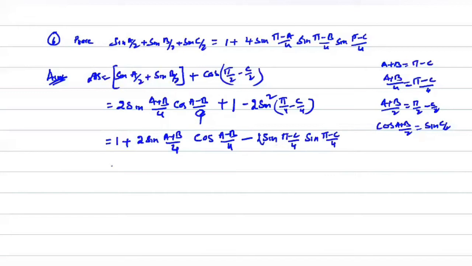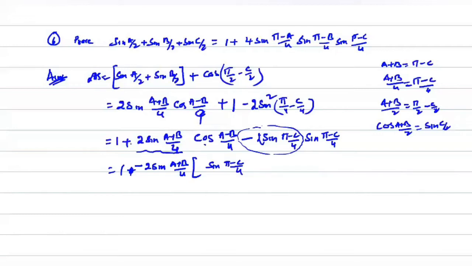So now, so that I can take minus common, minus 2 sin (pi minus c)/4 common. So remaining is sin (pi minus c)/4 here, and here 2 sin (a plus b)/4 taken common. So minus cos (a minus b)/4.